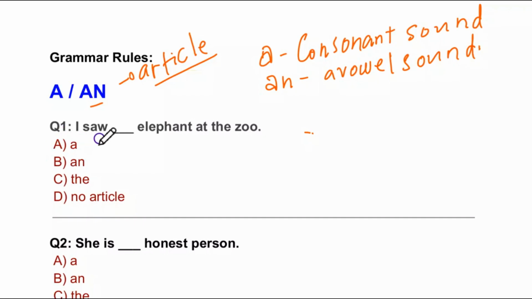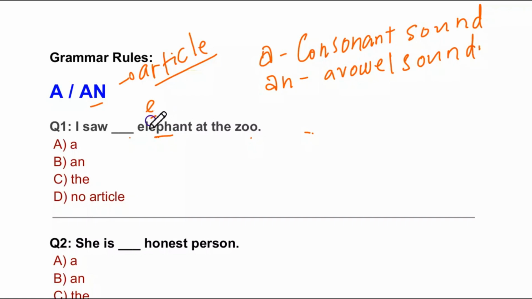Question 1. I saw blank elephant at the zoo. So the key here is elephant. We start with the E sound. If we ask ourselves, what's the sound of the first letter?